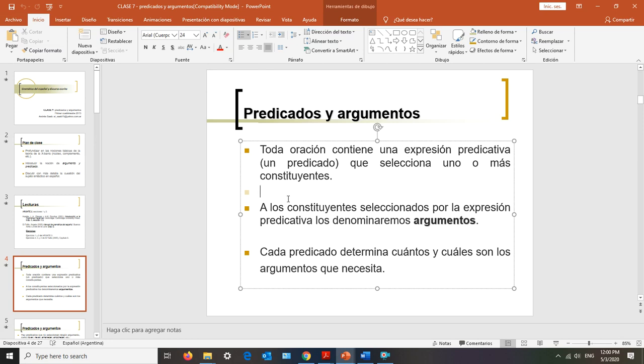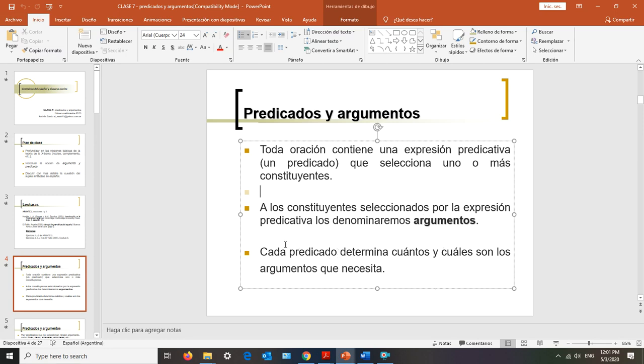These constitutive elements that are selected for by the predicative expression are what we call the arguments of this predicate that functions as predicator in any given sentence.